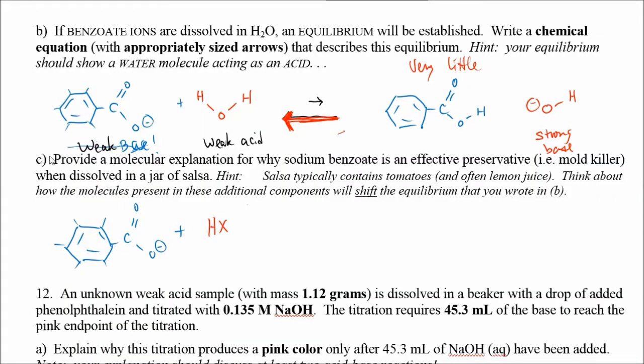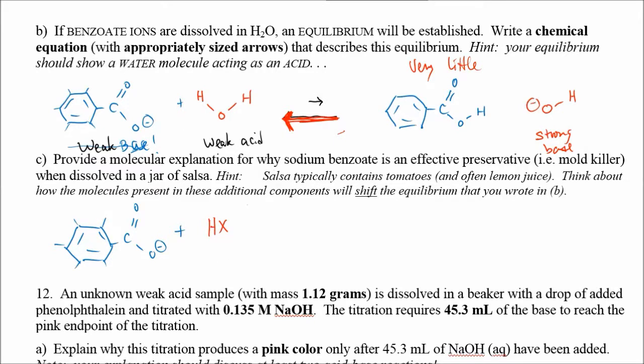So here now in 11C, we're talking about sodium benzoate is an effective preservative in a jar of salsa or in a jar of soda, a bottle of soda. And that's because the equilibrium will shift based on the molecules in that type of food. So here I've represented HX.